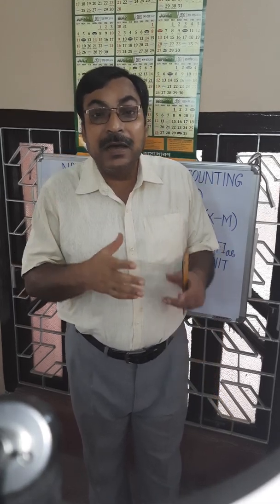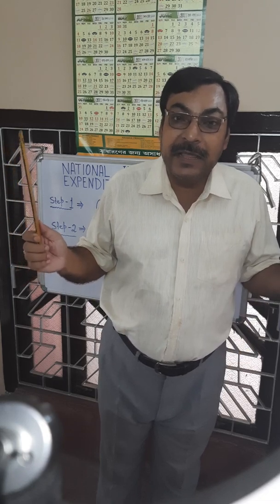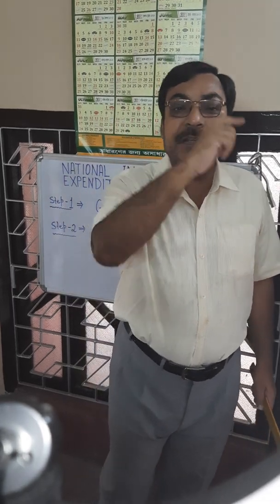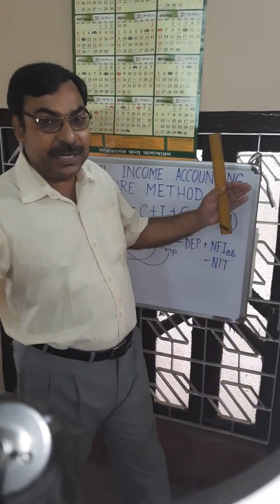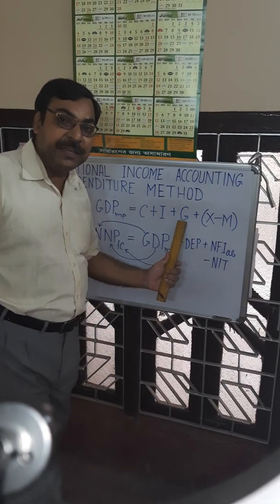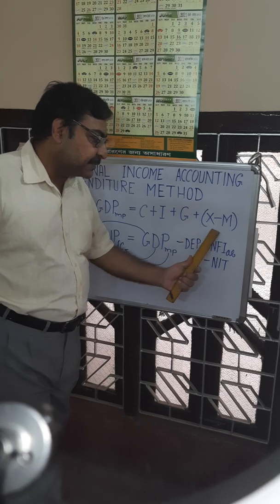Also, government expenditure is incurred to run government administration, to maintain law and order, and also for the security of the nation, expenditure on defense. So to ensure social welfare, government expenditure is a must, and this is an important component of total expenditure in the economy. G stands for government final consumption expenditure.